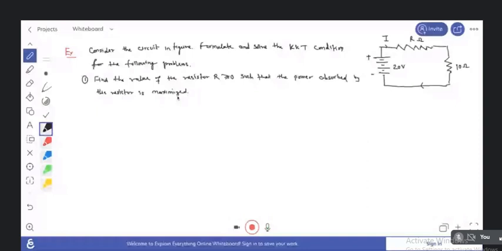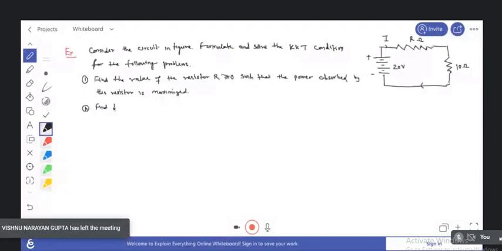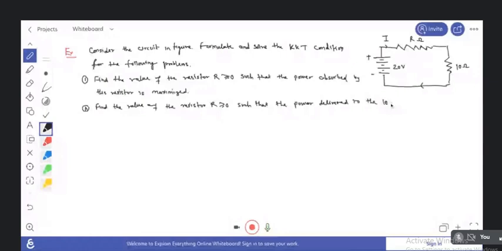And second, find the value of the resistor R such that the power delivered to the 10 ohm resistor is maximized.